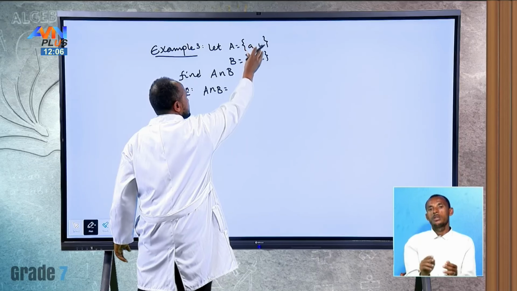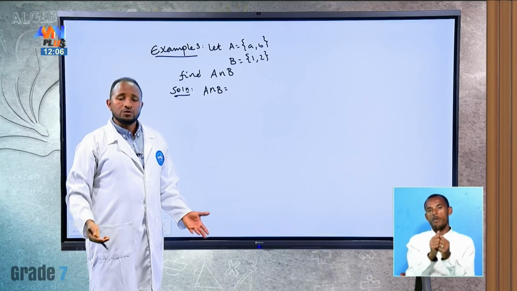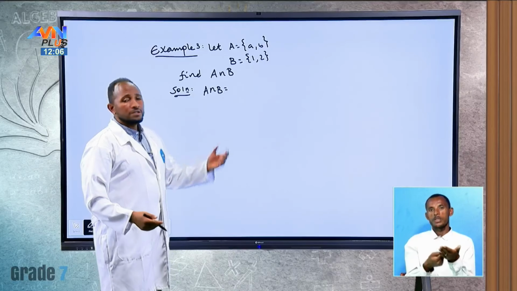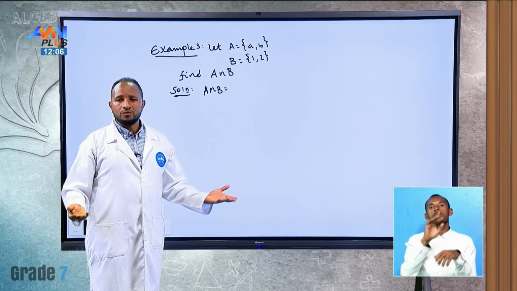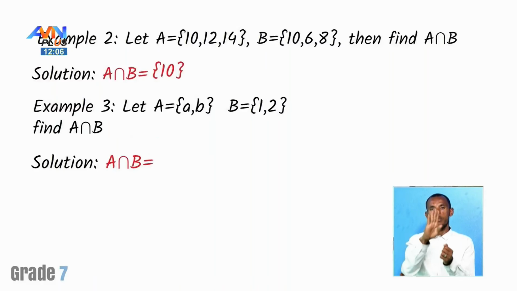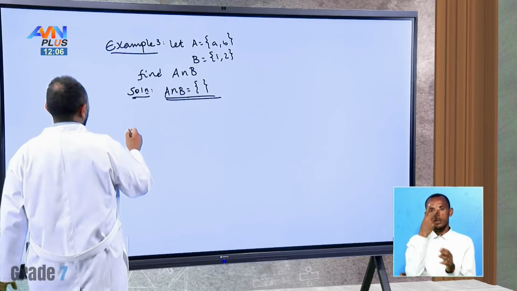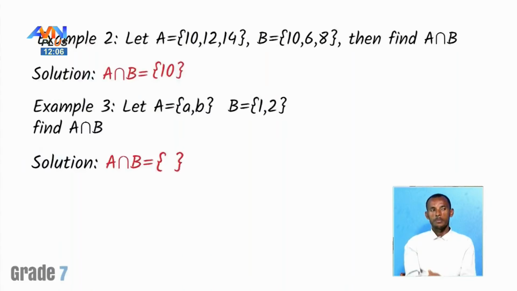So as you can see, these two sets do not have a common element. So because of this, their intersection is empty. We can't find a number which is common for both. So A intersection B is the empty set. This will be the answer. Now, let's proceed to the other example.